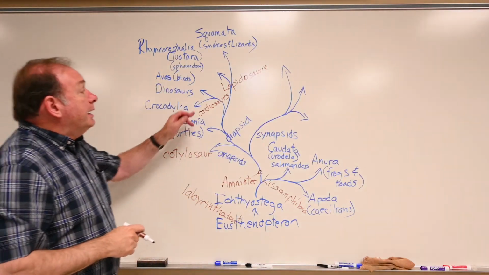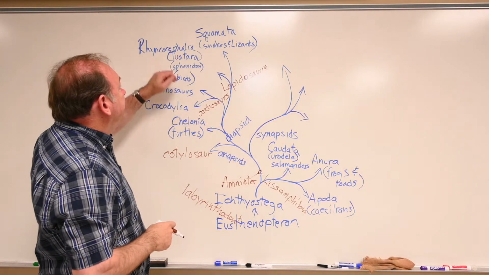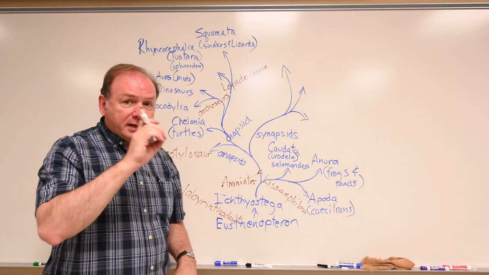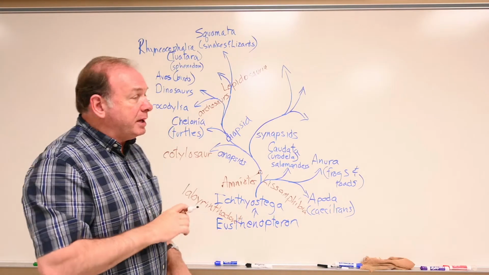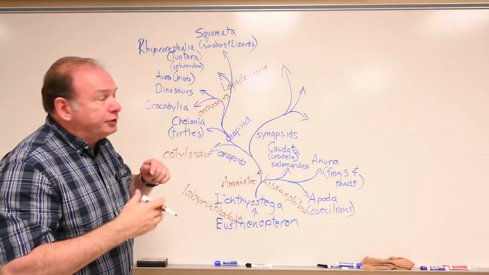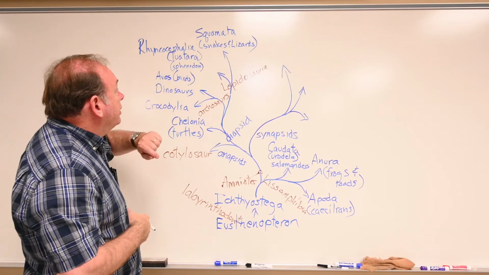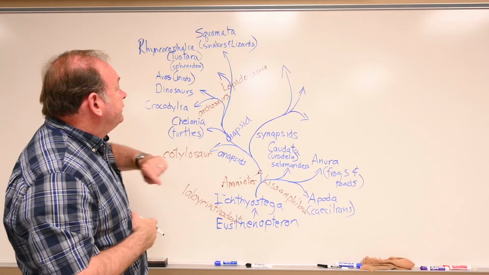Lepidosauria has two primary branches that are living today. First of all, the Rhynchocephalia, that means beak-headed. Its head is like a beak, kind of like a bird beak arrangement, just in shape, not in terms of its overall structure. The tuatara, also known as Sphenodon, in the genus Sphenodon.